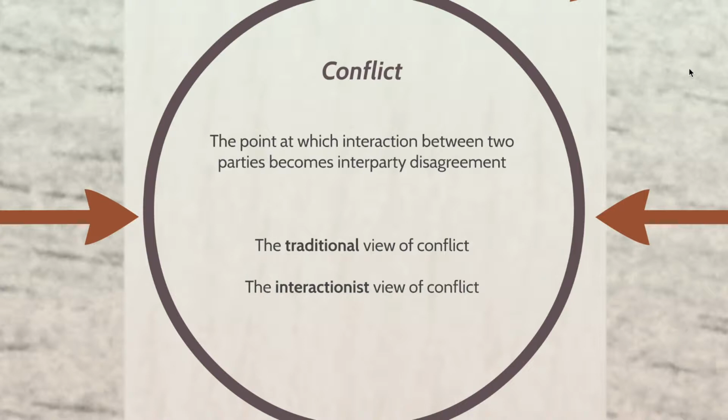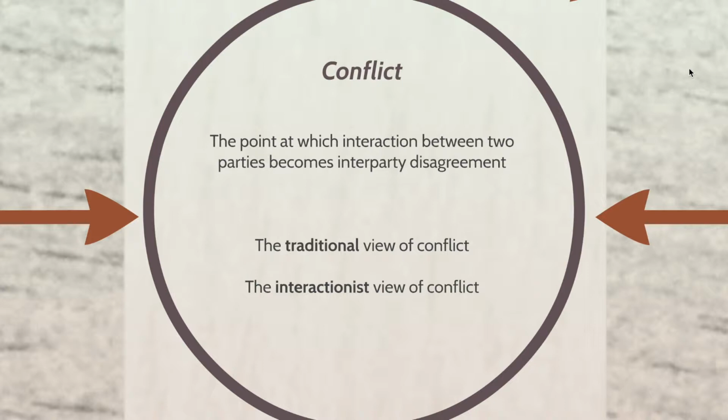The traditional view also holds that there are typically one winner and one loser when it comes to inter-party conflict. The interactionist view of conflict, however, takes a perspective that conflict is a process and that there is not in fact a winner or a loser, but a process of resolving the disagreement between two parties.